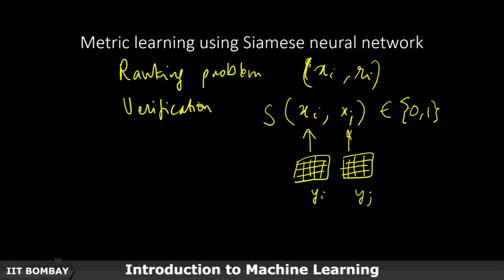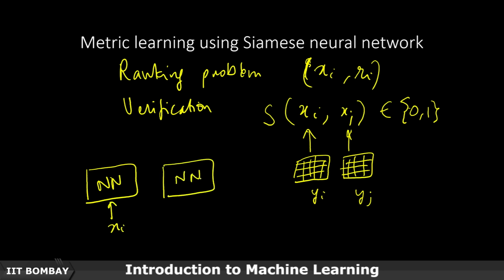So what is done in such cases is that we will take a neural network and give it an input xi, and we will take the same neural network. Mind you that it is the same neural network, not a different one, and we will give it the input xj. The output that we get is yi and yj.